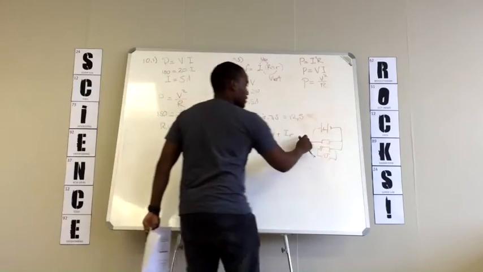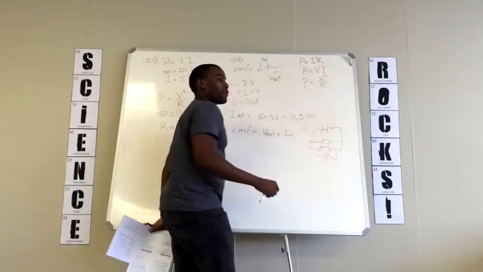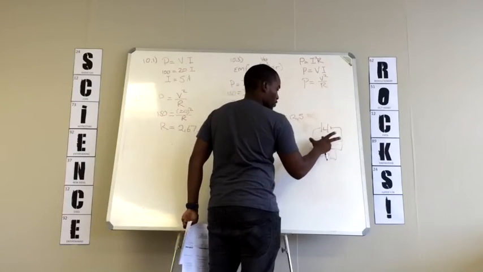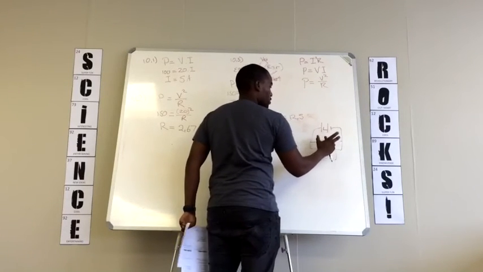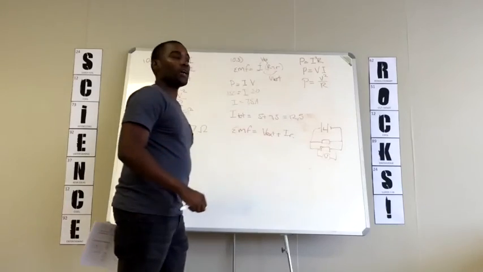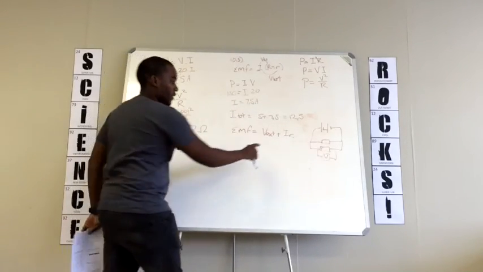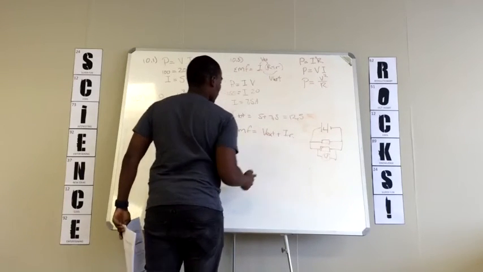Because there's nothing else here, if there was something else here, this would not be a V external. But because there's nothing else here, that potential difference across the parallel circuit has to be the same potential difference across my battery. Therefore, this is my V external. So that's the value I'm going to plug in here, and then just solve for small r.